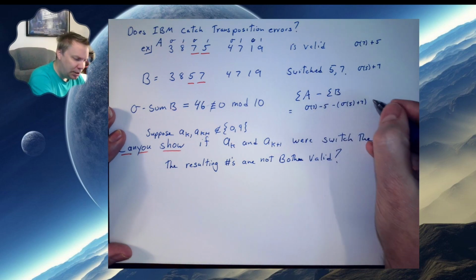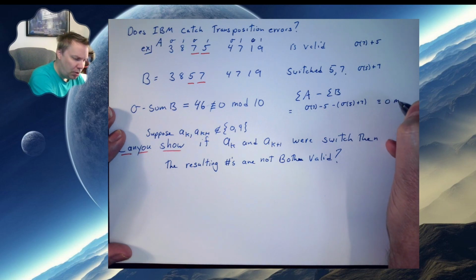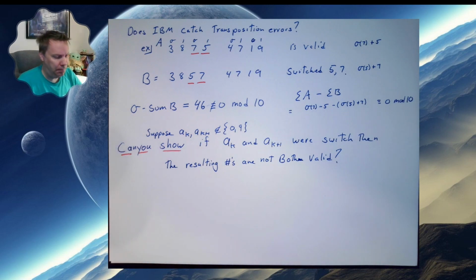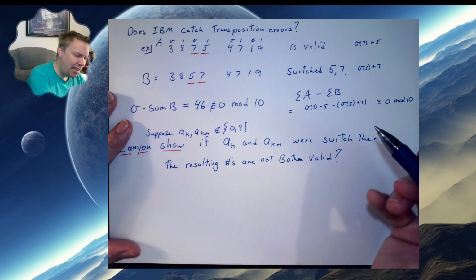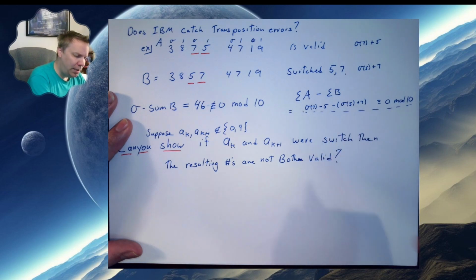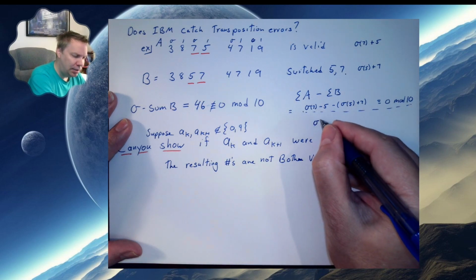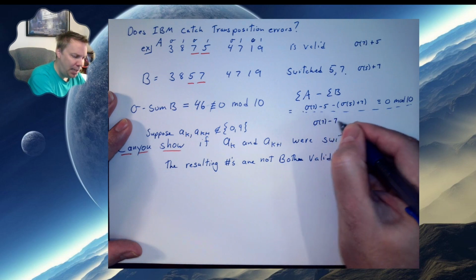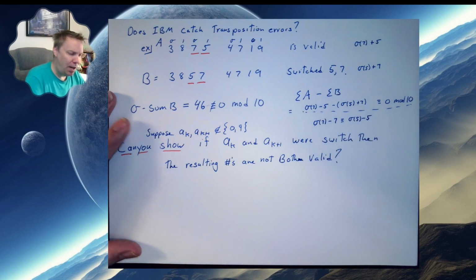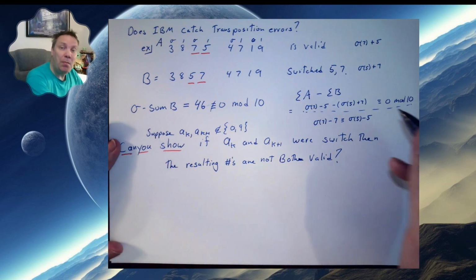And this should be congruent to 0 mod 10 if A and B were both valid. But this little equation comes out very nicely. I can manipulate it to get sigma of 7 minus 7 is congruent to sigma of 5 minus 5, and this is all in the mod 10 system.